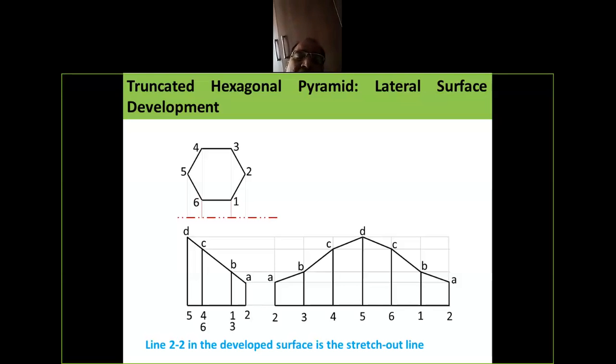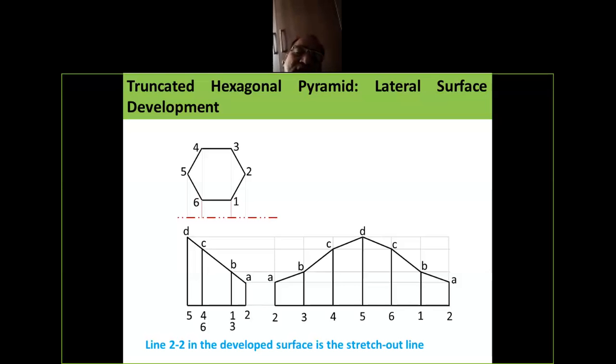Now, a development is provided by a truncated pyramid. This is truncated from side A, B, C, D, and this is provided in an example where the height is given, or it is cut by an axis at each angle.